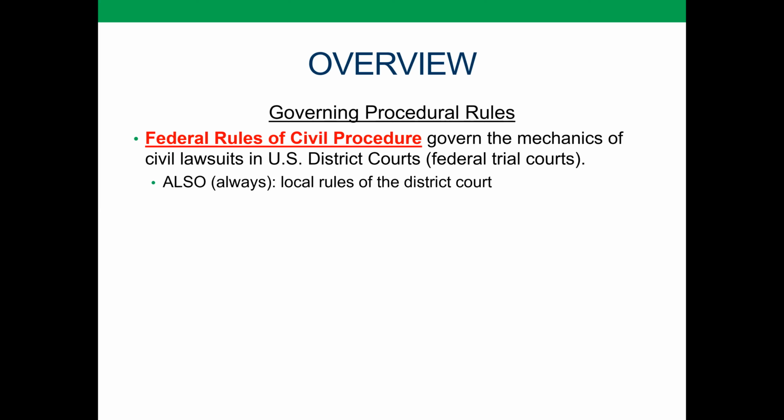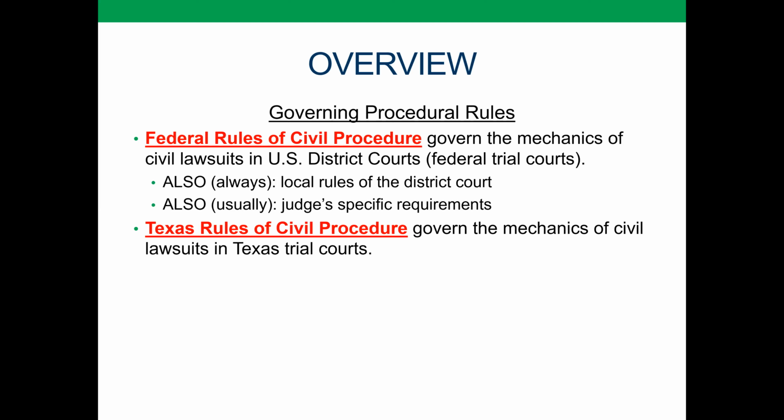Now, usually each United States District Court will have its own local rules that may modify or supplement the federal rules of civil procedure to some degree. Also, it's very common in federal courts that the individual federal judges will have their own specific requirements that will apply only to those lawsuits over which they preside.